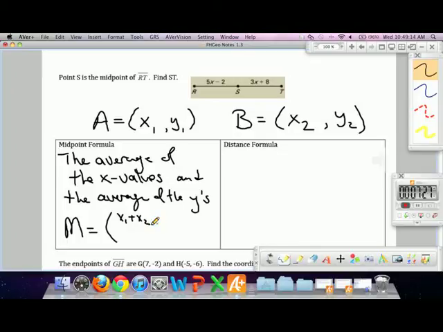The number of x's, and how many x's are there? 2. The y-coordinate is also the average of the y's. So I'm going to add together the y-coordinates and divide by how many there are. In particular, there's 2 of them. Okay.